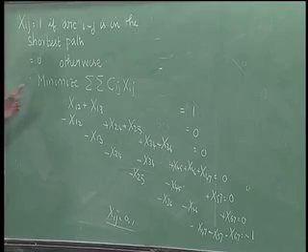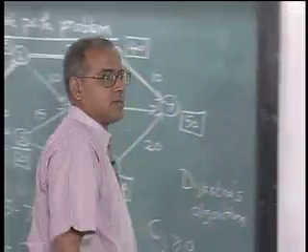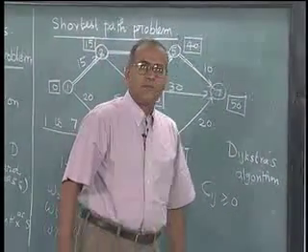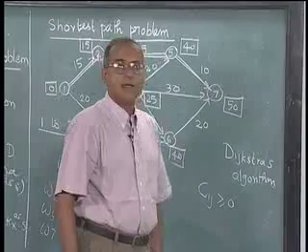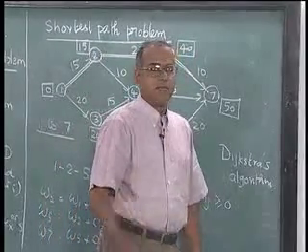But let us go back and try to understand that this problem is a network problem. We have seen some characteristics of network problems earlier when we have looked at transportation and assignment problems.